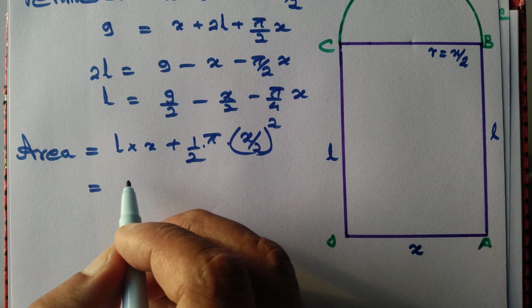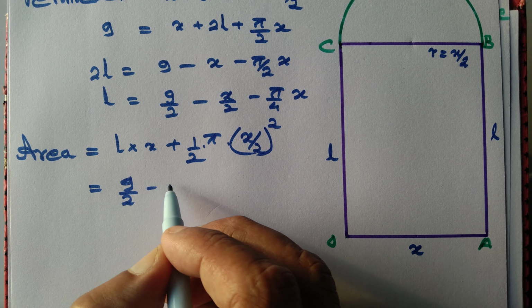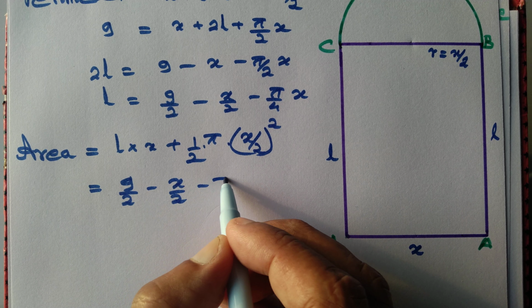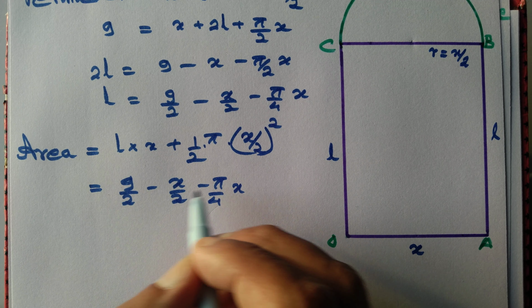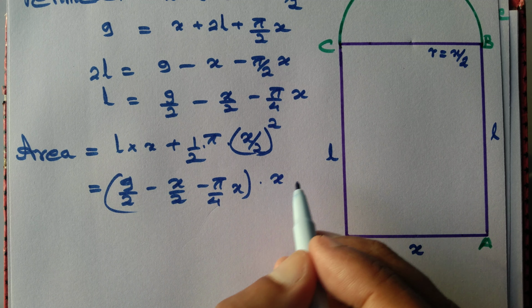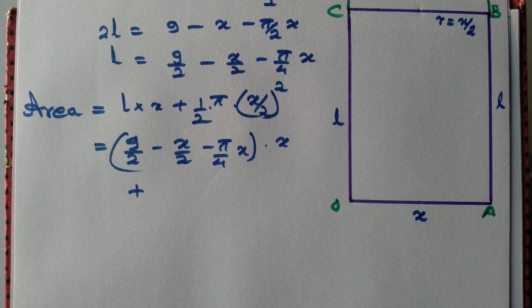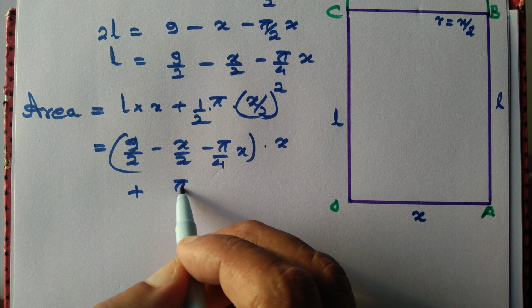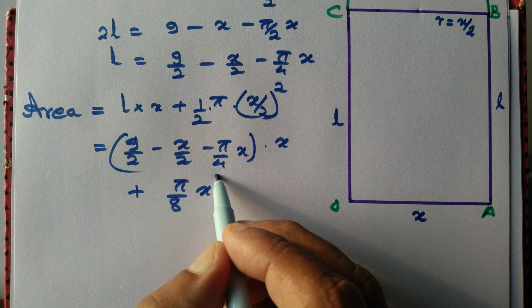Further, L equals 9 by 2 minus x by 2 minus pi by 4 x. And this can be simplified as pi by 8 x squared.